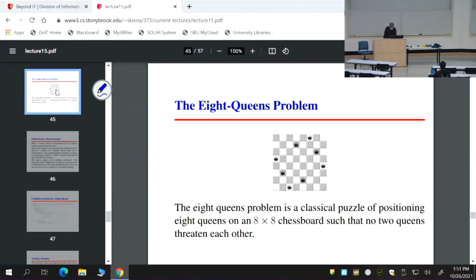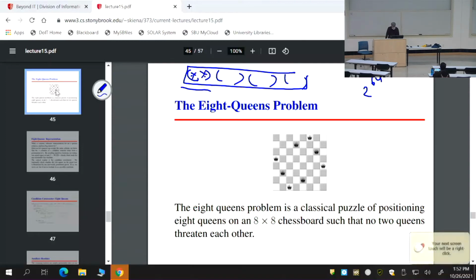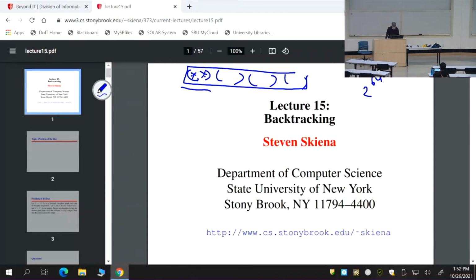So we agree that one way was 2 to the 64. What was the pairs thing? In general, without thinking about it very much, you had 8 pairs, each of which was a square represented, right? You had 8 times 8. You had 8 choices for this, 8 choices for that, and you were doing this 8 times.